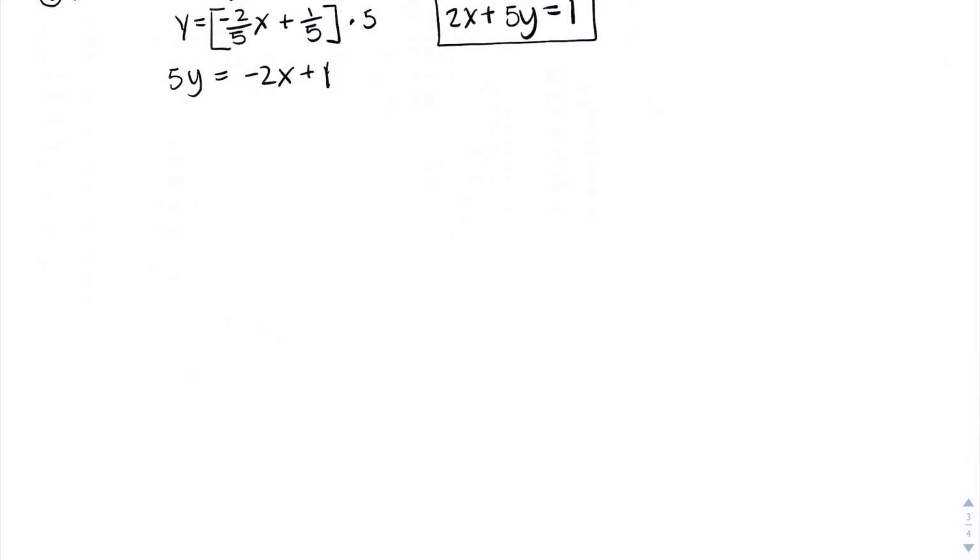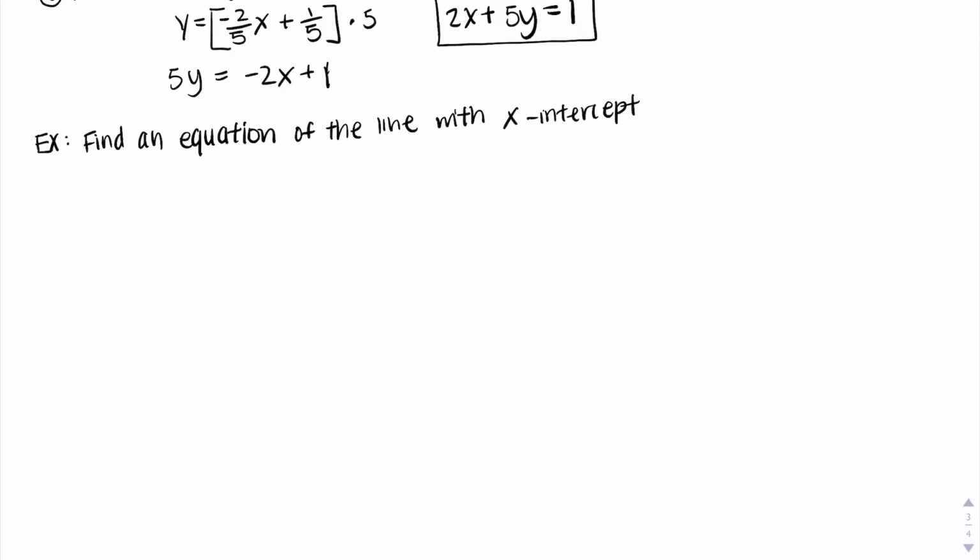So let's do one example where you find an equation of the line with x-intercept negative 4 and having a slope of 3 over 2.